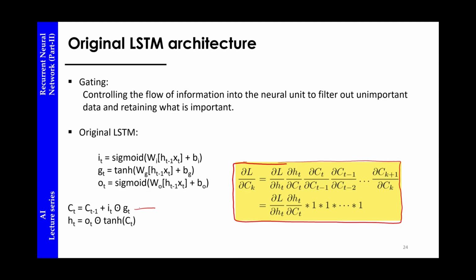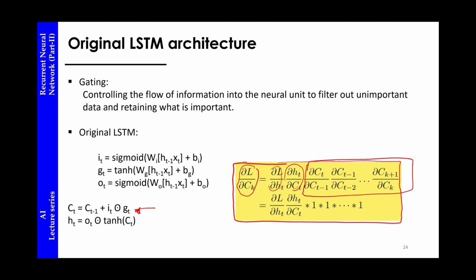If we show the cell state by C, when we want to calculate the partial derivative of L with respect to C_k, the first and second fractions are a usual partial derivative calculation. For the rest from here on, we will see a Jacobian matrix again.